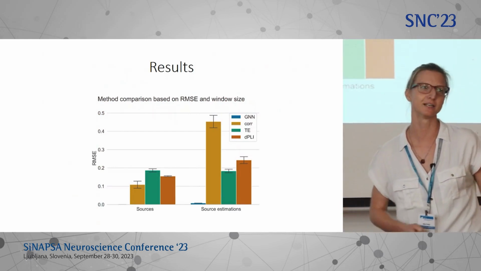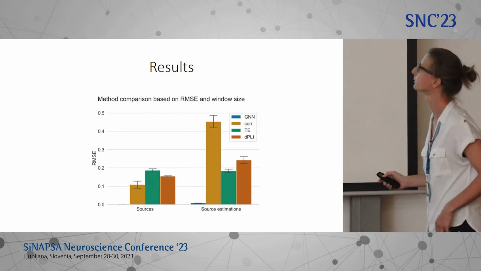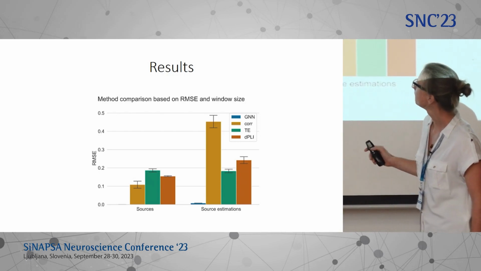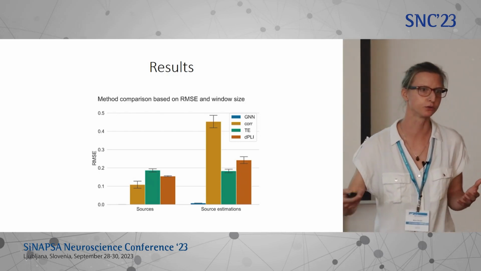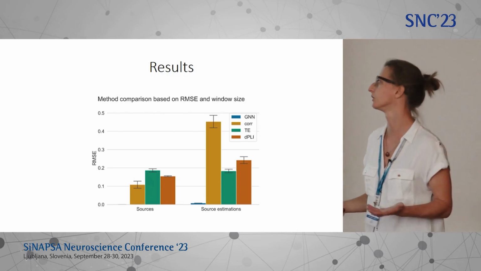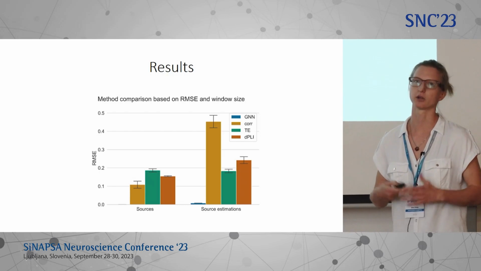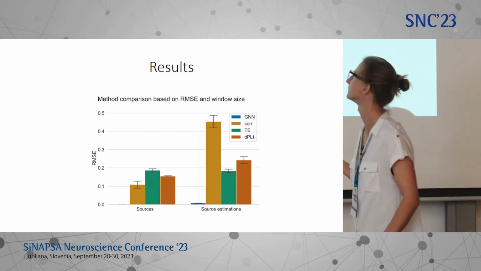We just conducted the last experiments before coming to the conference. So these are just preliminary results, but what I'm showing you here is the error. The error between our ground truth labels and the estimated connectivity that the methods estimated.